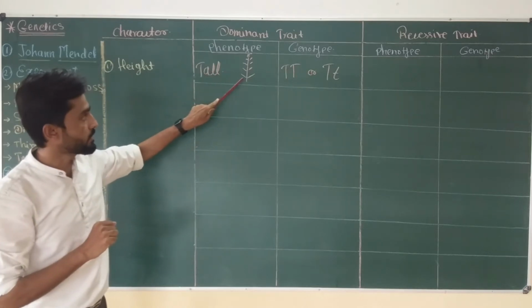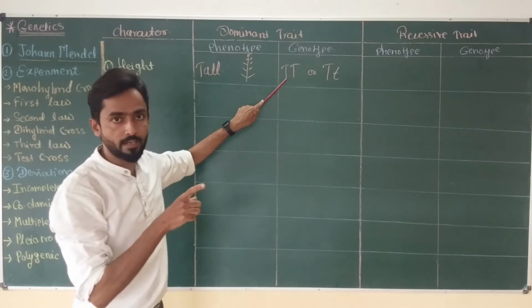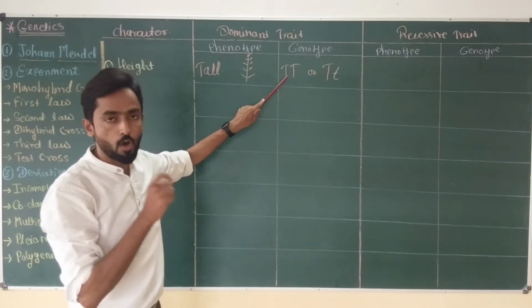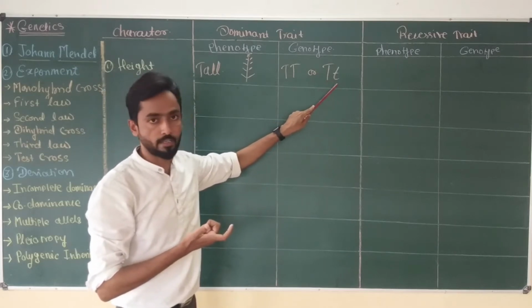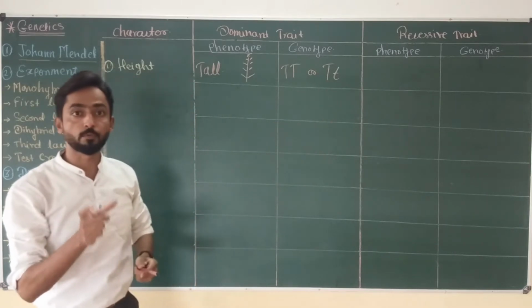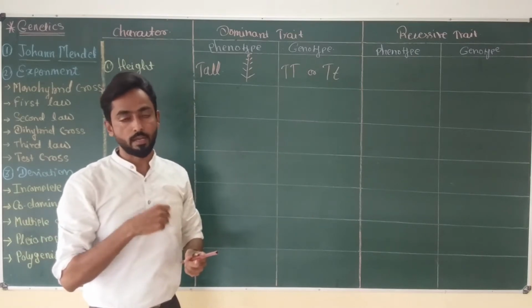Now this tall plant always has homozygous dominating allele, that is capital T, or it may have heterozygous condition, that is capital T small t. I have already discussed the concept of dominant homozygous and dominant heterozygous in my previous video.